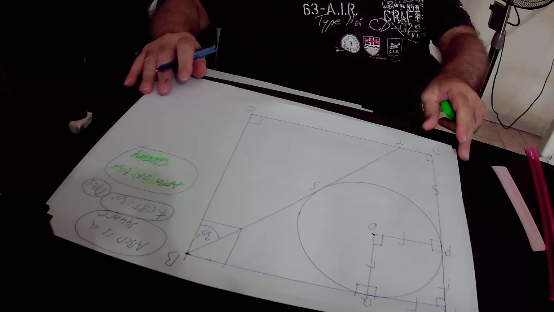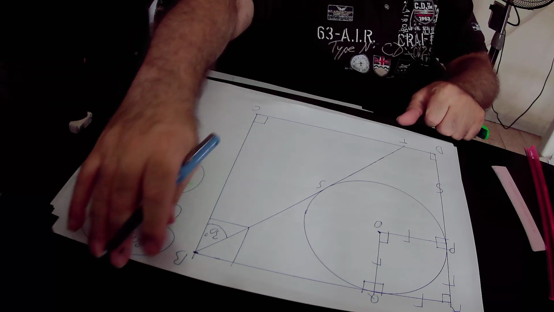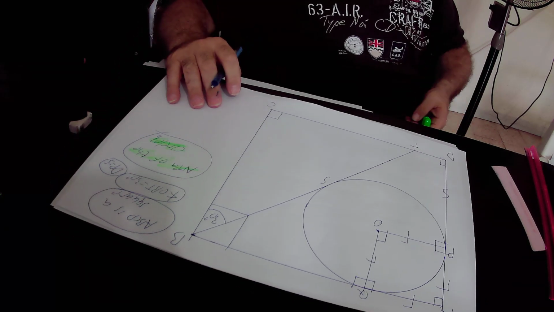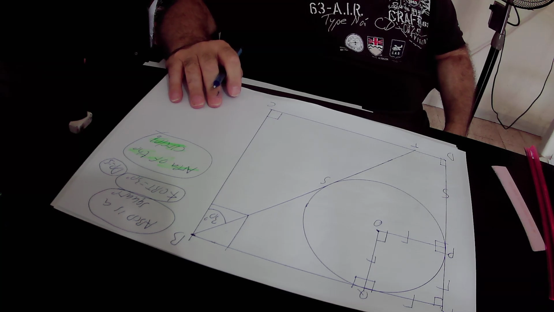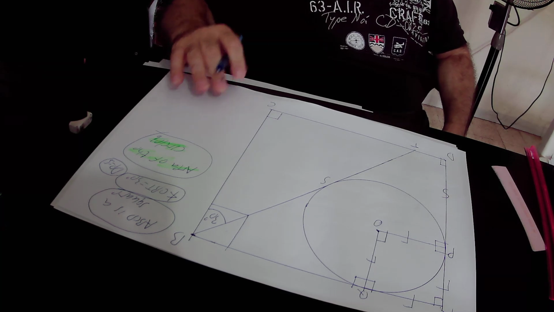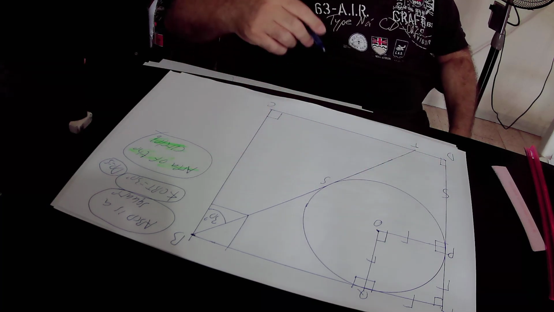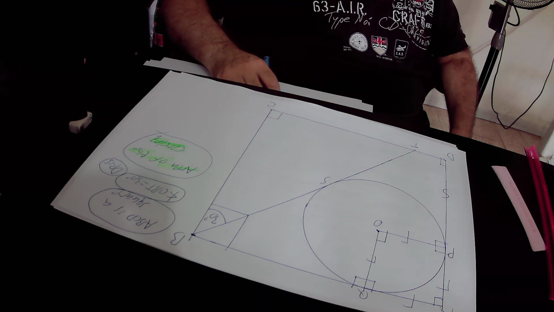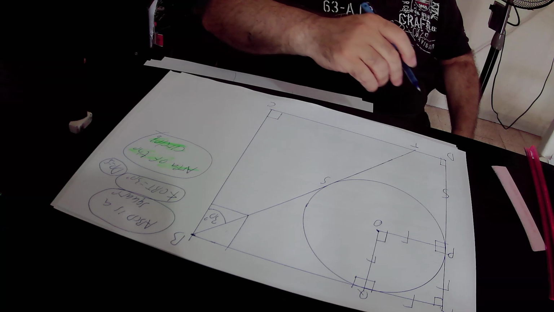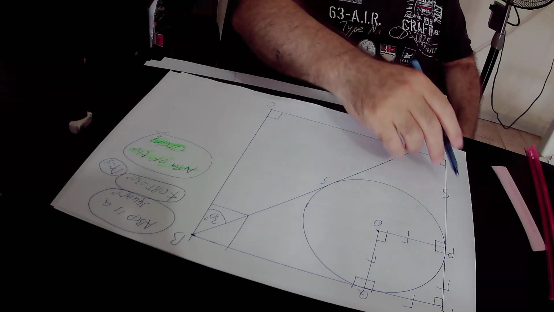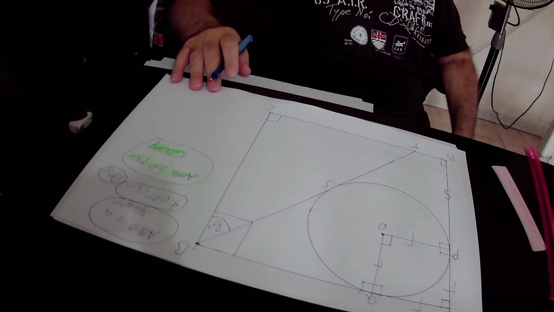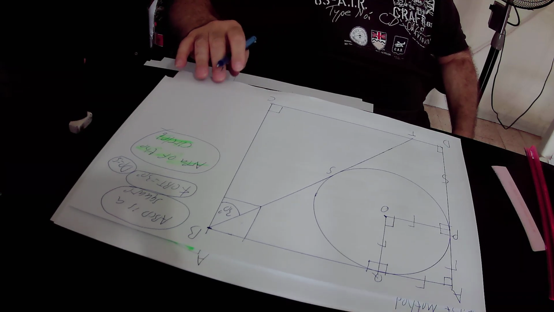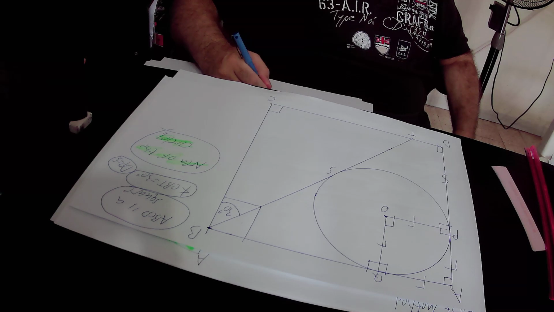We also know that all the sides of a square are equal to each other, so all sides of square ABCD are equal to each other. That is to say, side AD equals side AB.